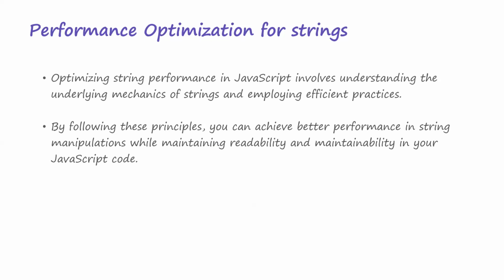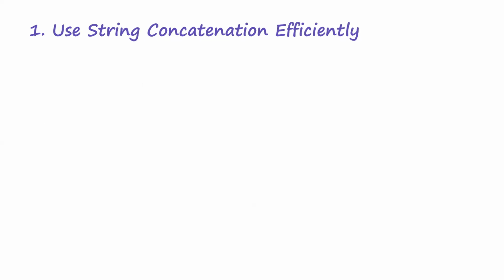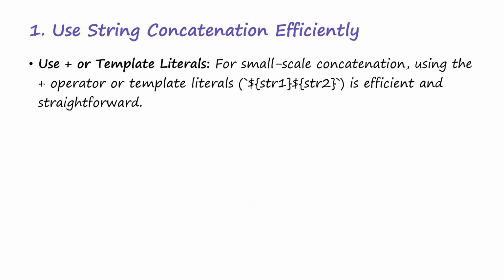Now, when you write a program that is very performant, maintainable and readable, you are showing that you're a pro. Okay. So first one, let us see how you can use string concatenation efficiently. Use the plus or template literal. Now let's take a look at the use of plus, the concatenation operator, or the template literal.